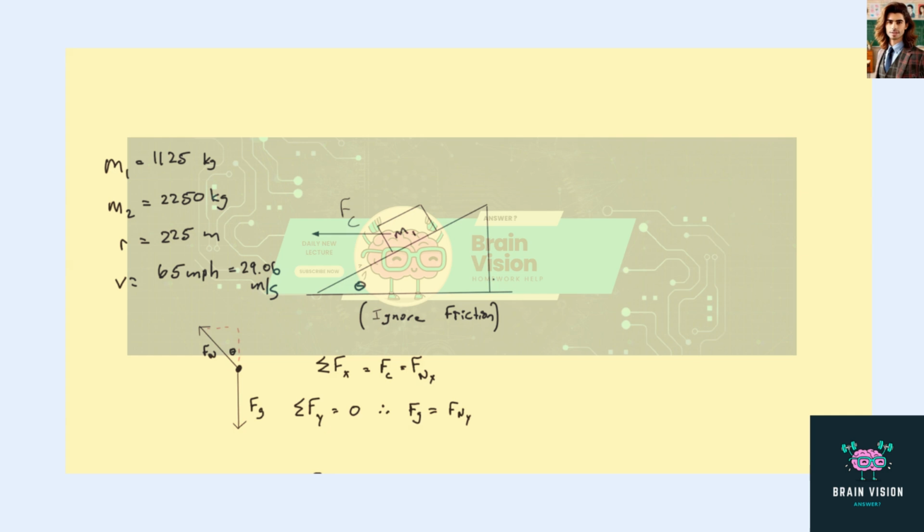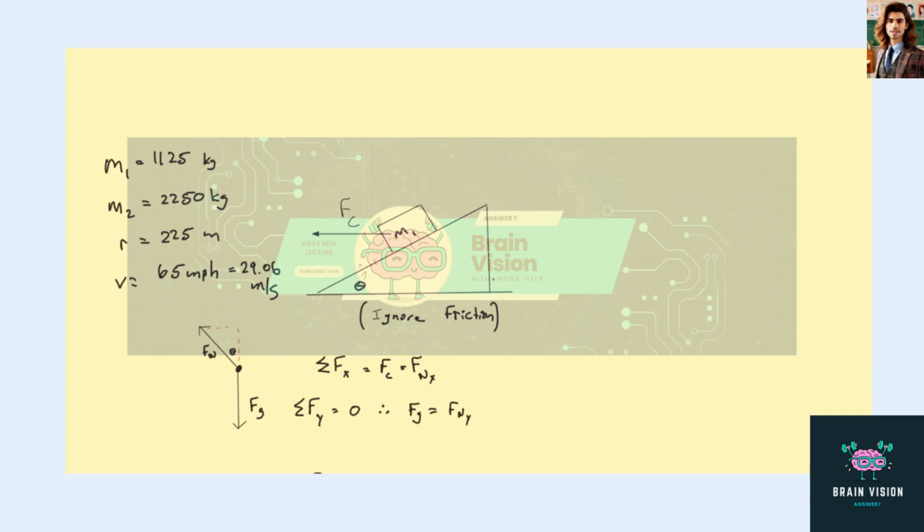So on my force diagram, I would need to figure out the cosine of the angle is equal to the opposite side divided by Fn. Now the net force in the Y component, we don't have this vehicle sliding down the curve or sliding up the curve.